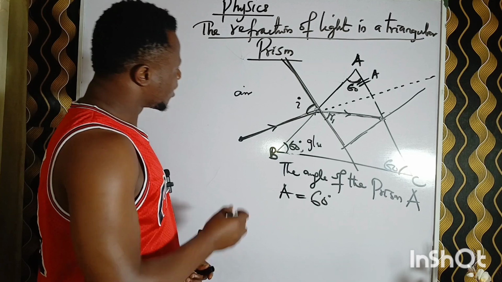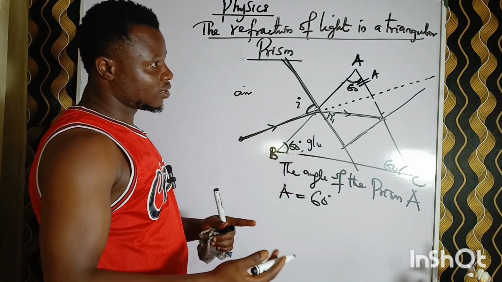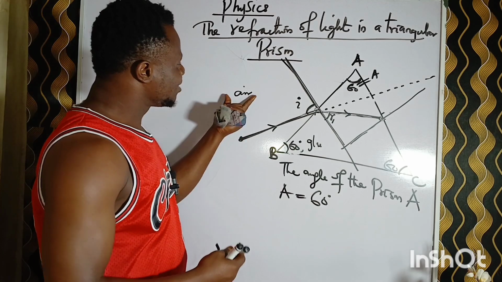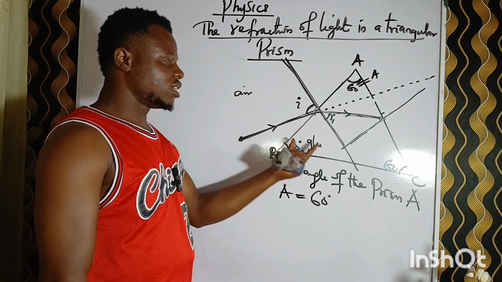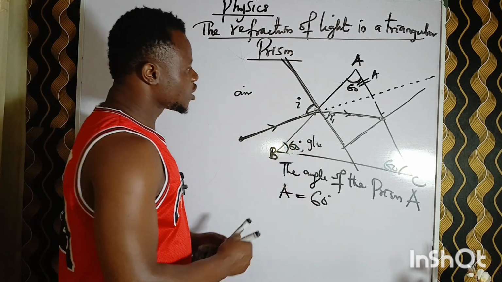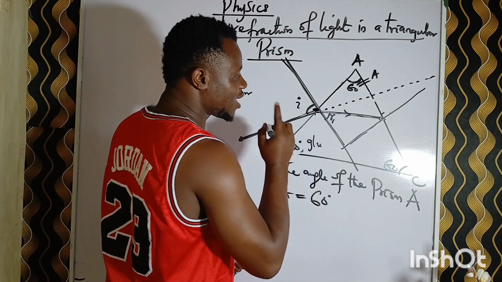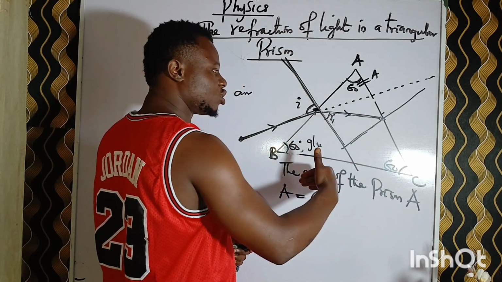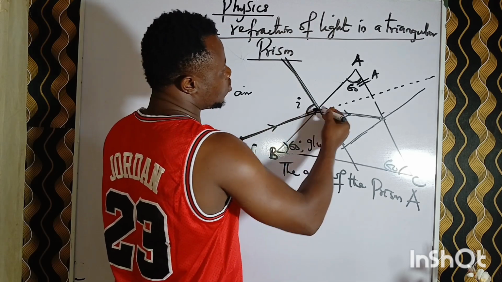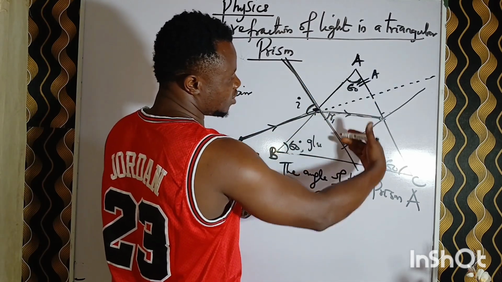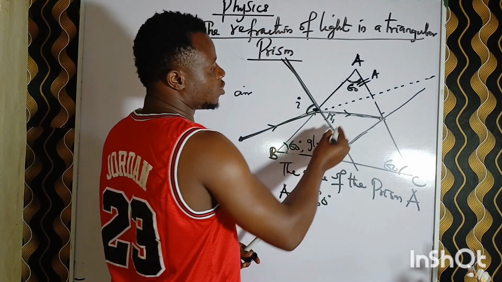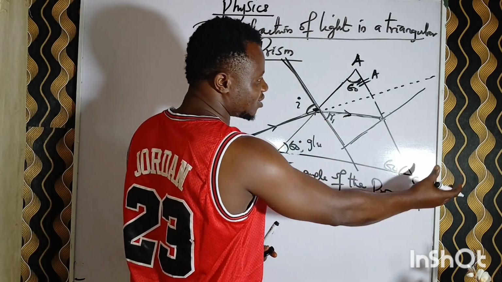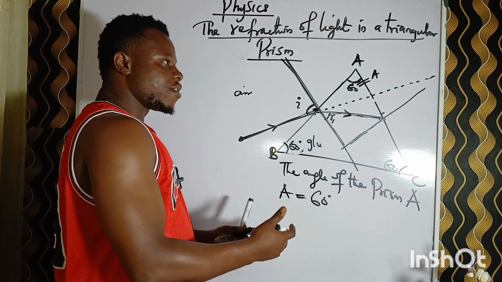If you look at air and glass, glass is always denser than air. So when light is moving from a less dense medium to a denser medium, the refraction occurs as if it is coming towards the normal. You can see it's not moving away from this normal, it's bending towards the normal.